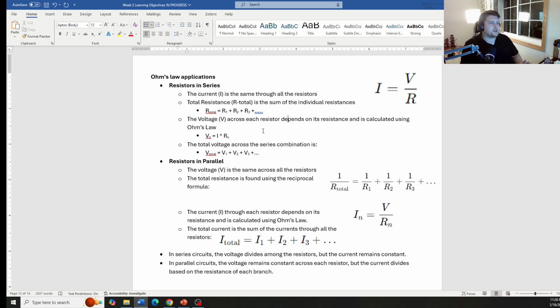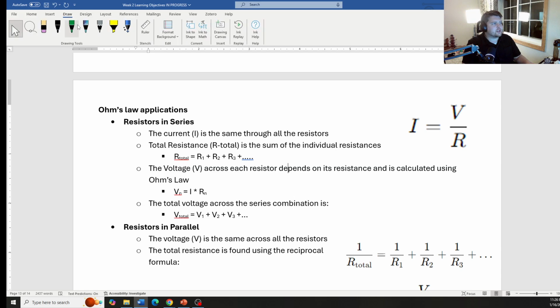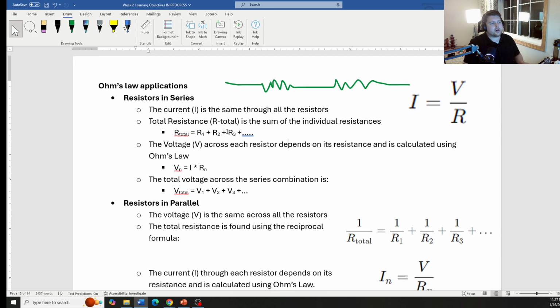So the main principle behind all of this is talking about resistors in series versus them being in parallel. All right. Resistors in series refers to when they're one after another. So here's our current, we have a resistor, and then another like that. So they are in series from one another. The current is the same through all of the resistors.